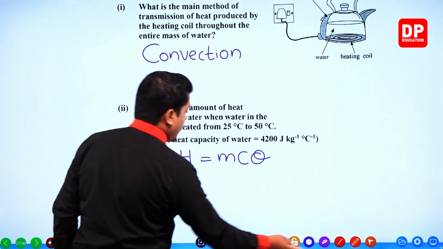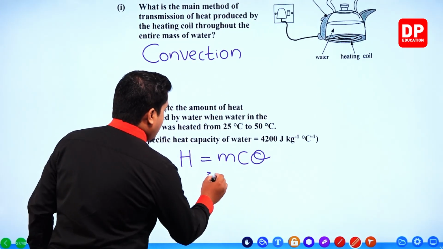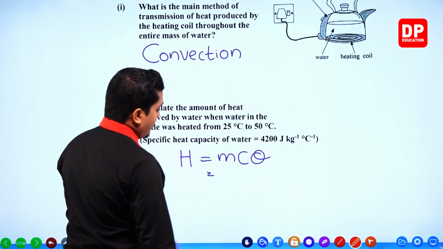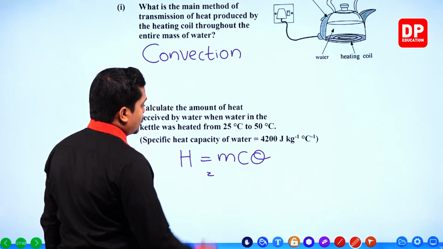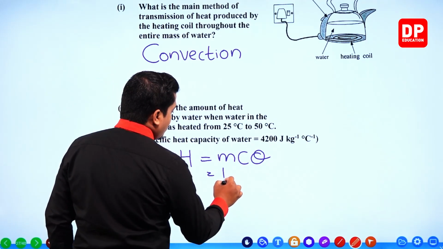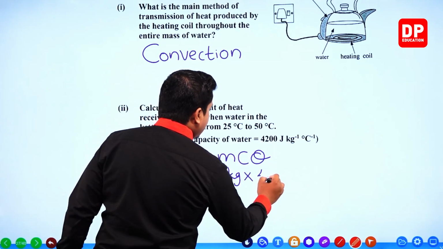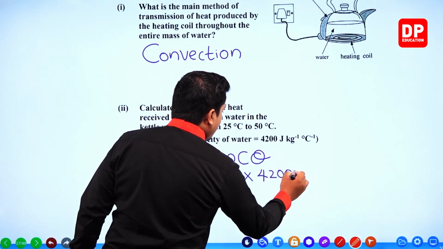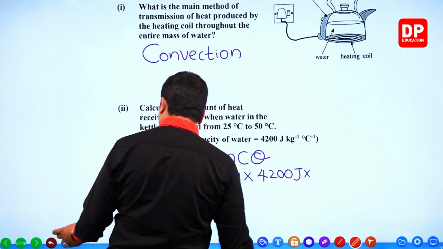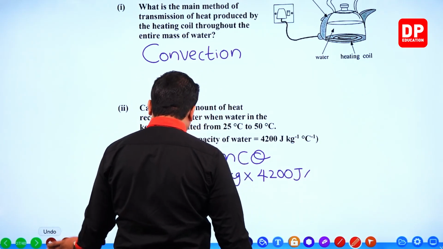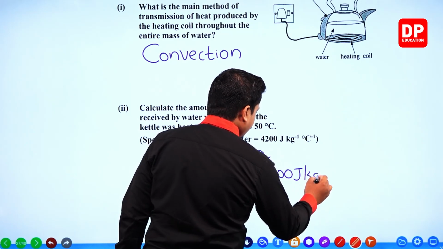We'll substitute the known values into the equation and we'll find out the answer. So mass is equal to 1 kilogram. Specific heat capacity C is equal to 4200 joules per kilogram per Celsius.